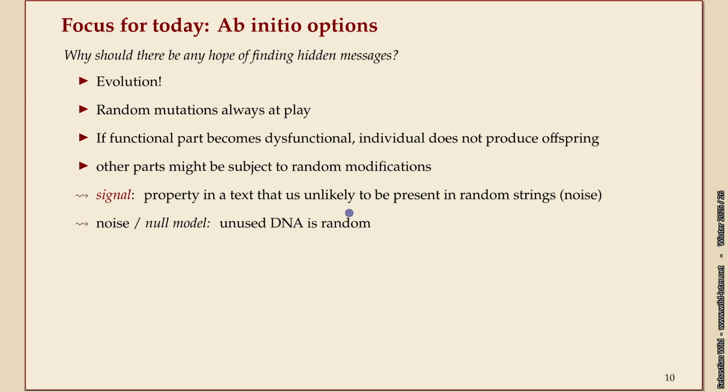So we'll always compare what we see in some specific genome to a null model, which is that the stretch of DNA is just generated randomly. If we observe something where the probability to see it in the null model is very, very low, we can take that as a signal that we found something of biological significance, one way or another.